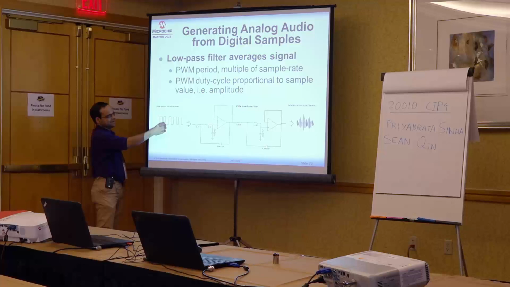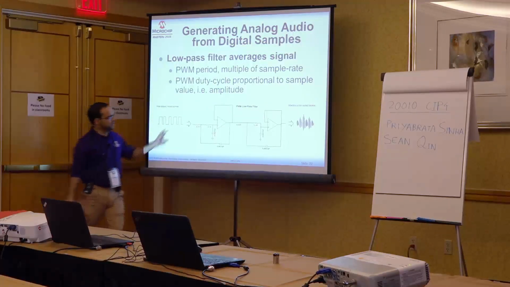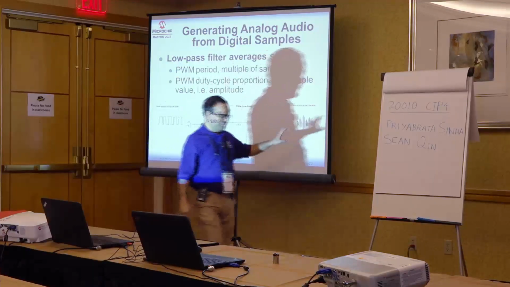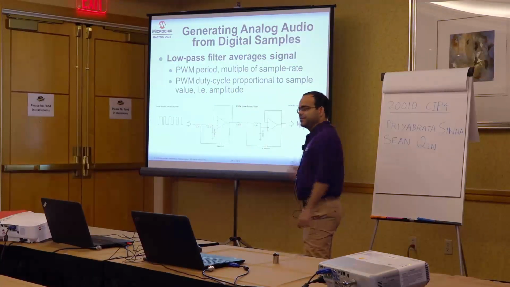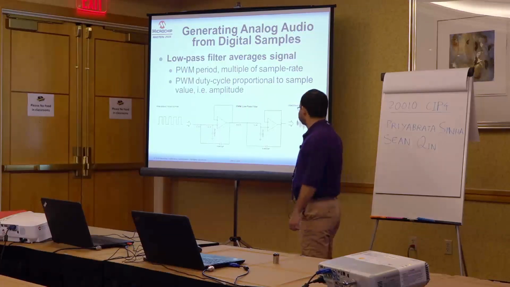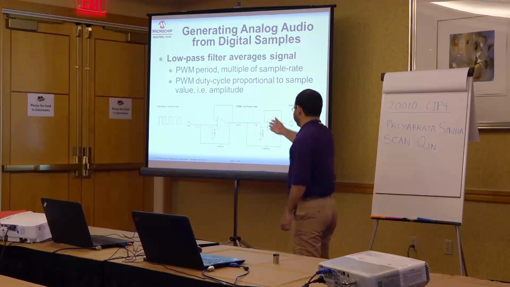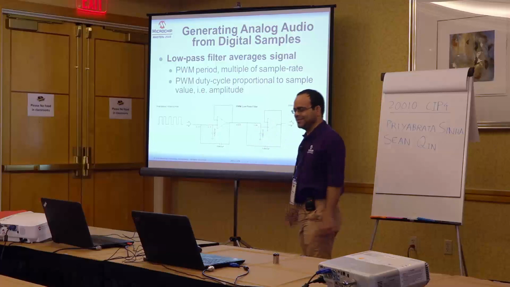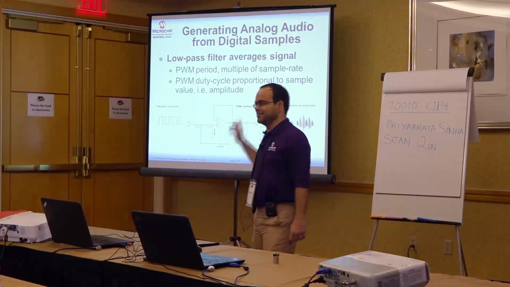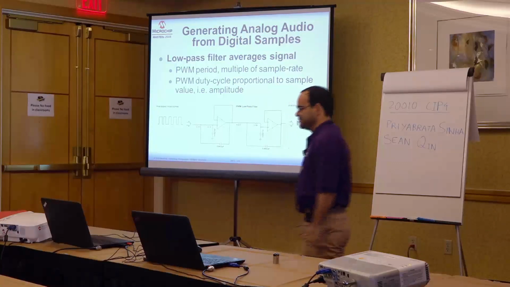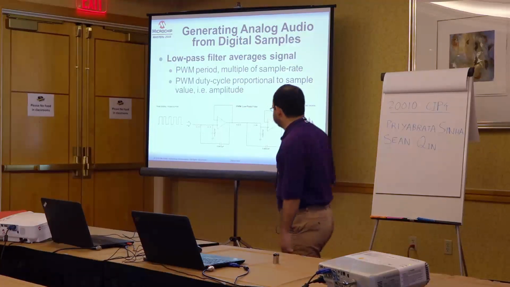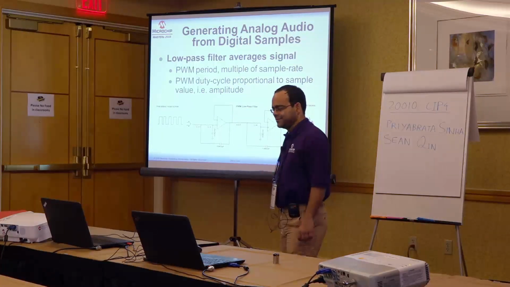If the duty cycle is low, then the signal level will be low. So when you pass it through an external low pass filter, you would get the original demodulated audio signal, which is an analog signal. As you can see, it uses 2 op-amps which can be easily brought on chip because we have multiple op-amp modules on these devices. So all you need to do then is to connect these external discrete components.